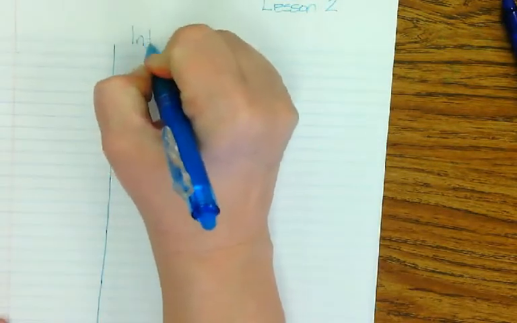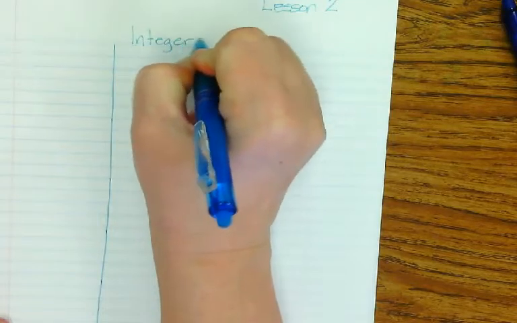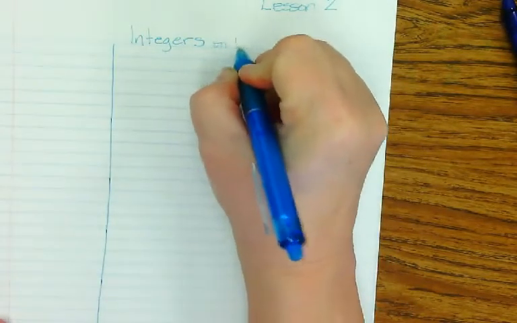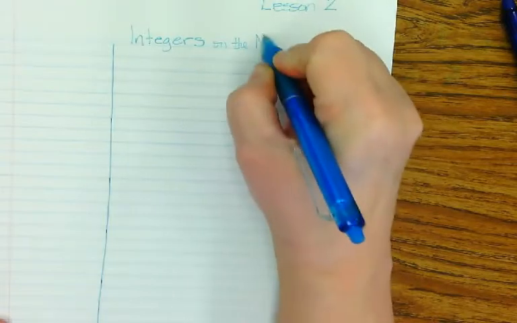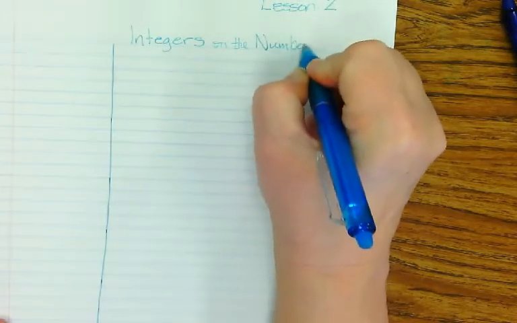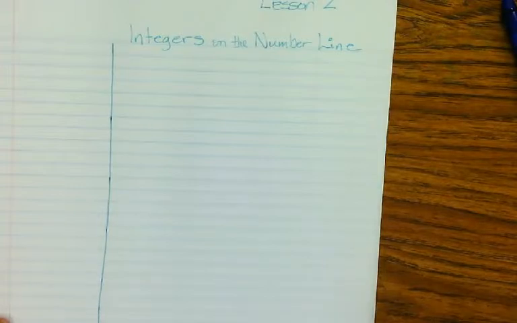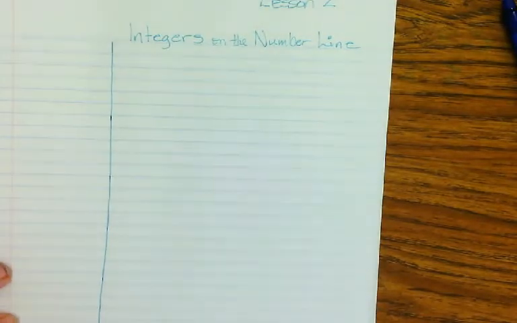And for lesson 2, we're going to move on and continue talking about integers on the number line. Okay? So, integers on number line.